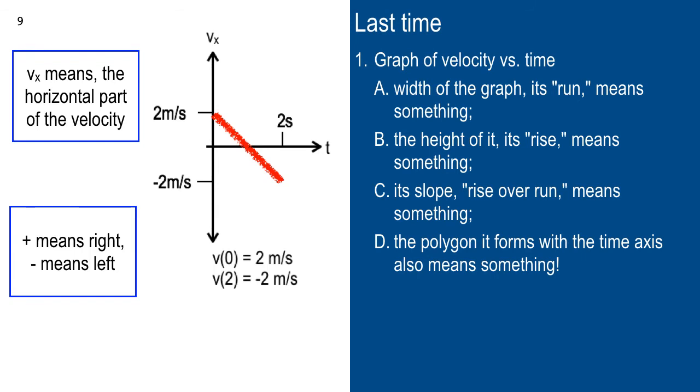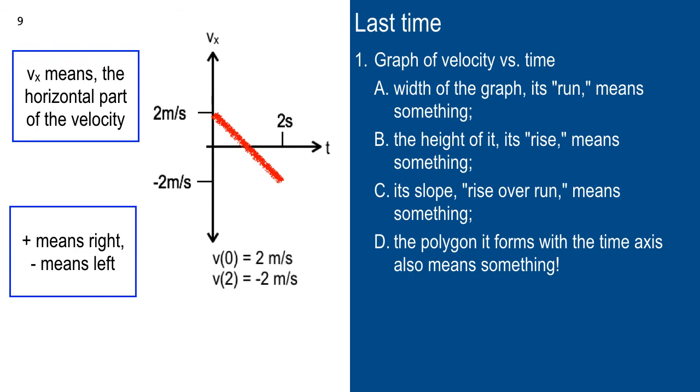Okay, and the same thing here. Now the height, the rise, like this line has a rise and a run. It's got a slope. The slope has meaning. And the rise is the change in the velocity, delta V. So this one, you might even ask yourself, how is the velocity changing here? Right up here at the beginning of the graph, I'm up at positive 2 meters per second.